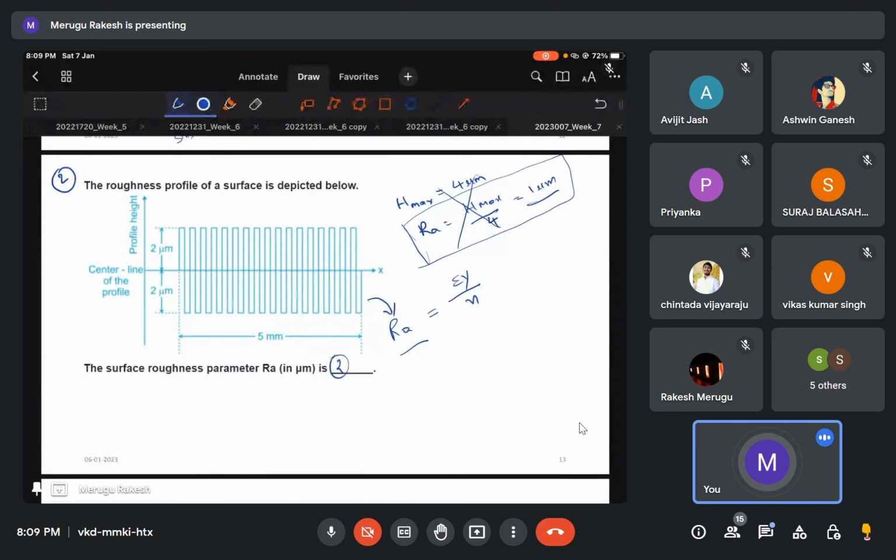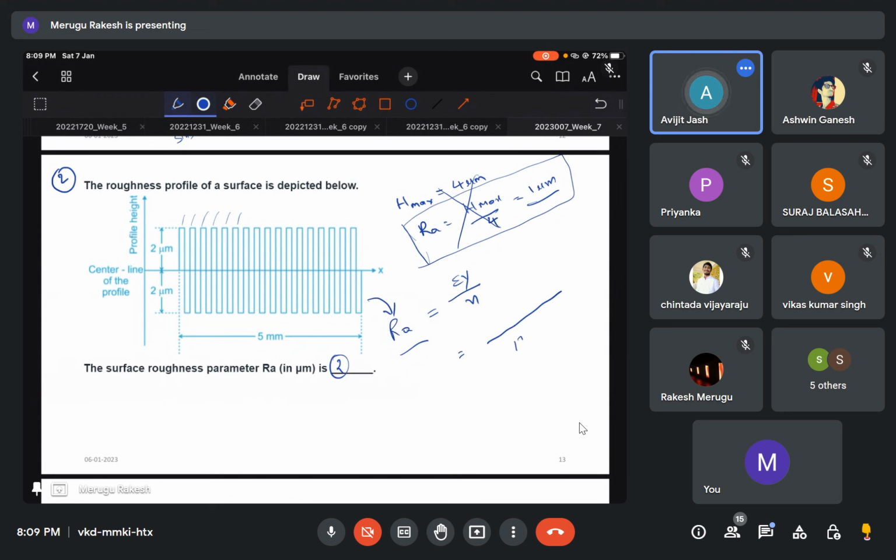So everyone is getting 2 microns if you do this. I think there will be 17 values, if I'm not wrong. Yes, I counted them. So therefore, if the count is odd, then we have to calculate, and if both sides are the same, then we don't need to calculate. Just put the value. Yes, correct.